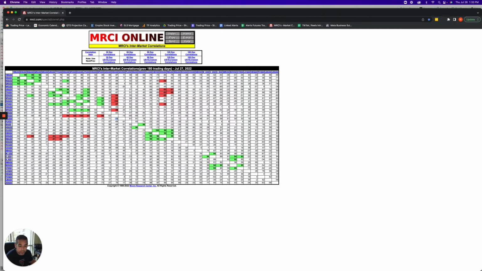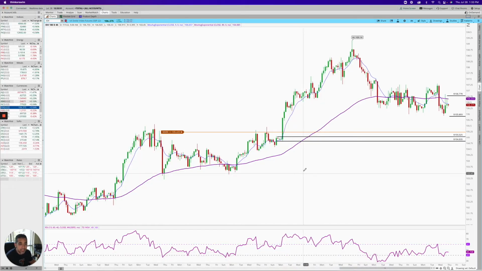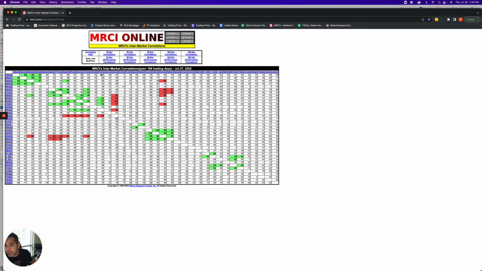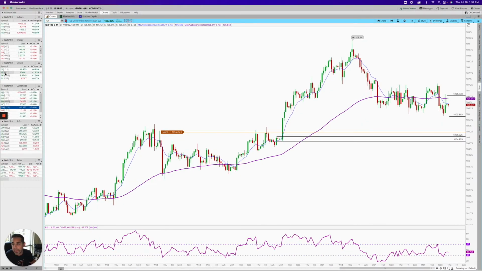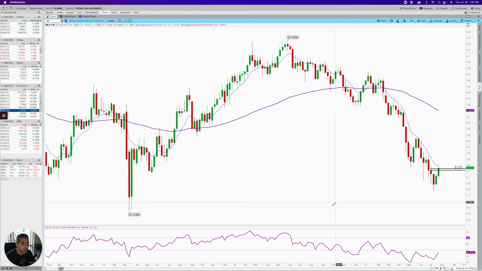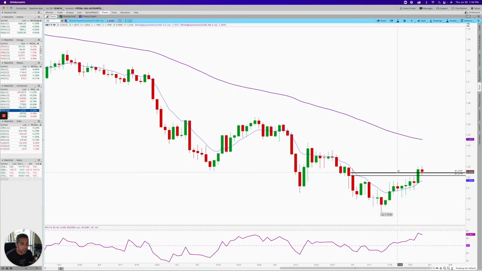So, guys, you can use this in your trading. Let's go ahead and go back out and find a highly correlated one. Let's do the British pound and the Swiss franc. So if we look at the British pound right now, and let's just say we're calling this an area of support, right?